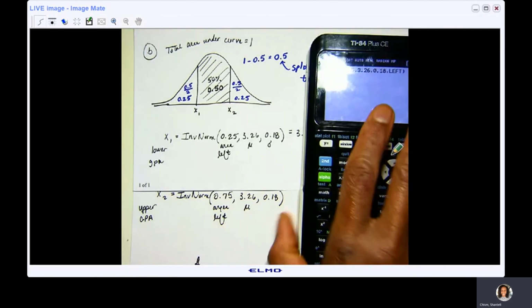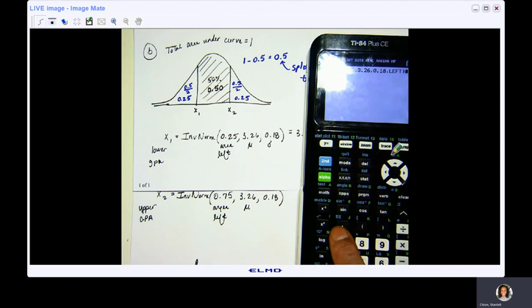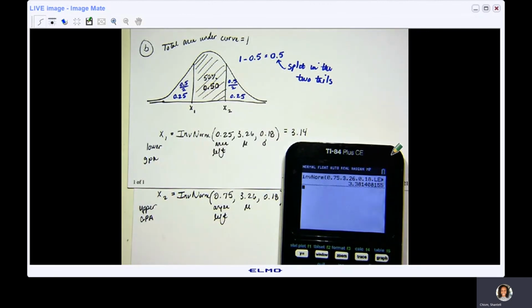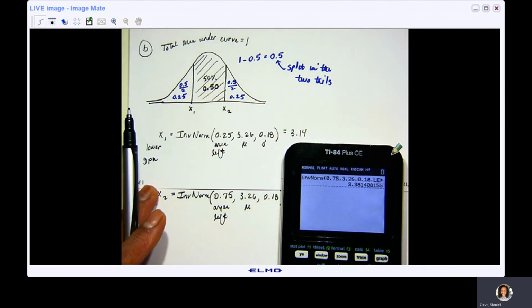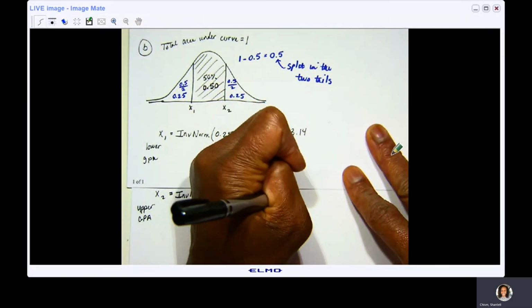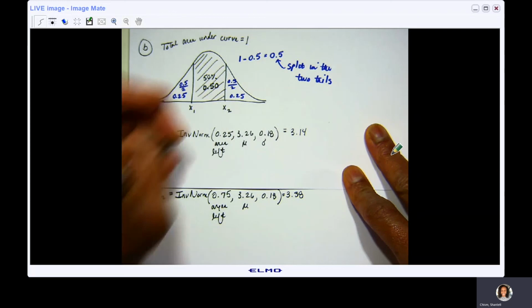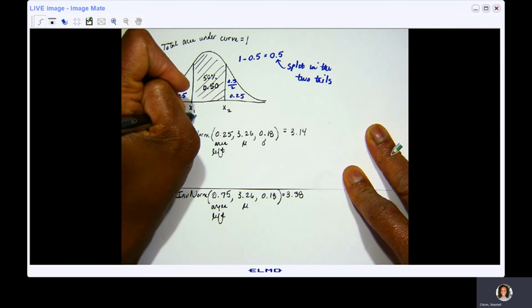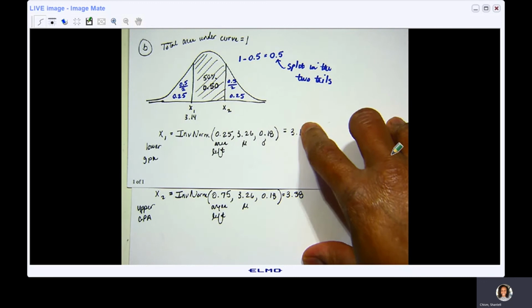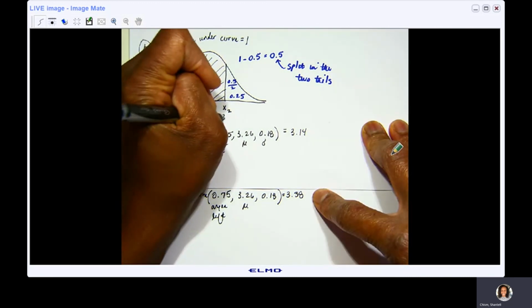The comma is right here underneath the sign key. Whether you have an 83 or an 84, it's in the same spot. I press enter there, and I've got 3.38. So the GPAs that give you the middle 50% of all the GPAs would be 3.14 to 3.38.